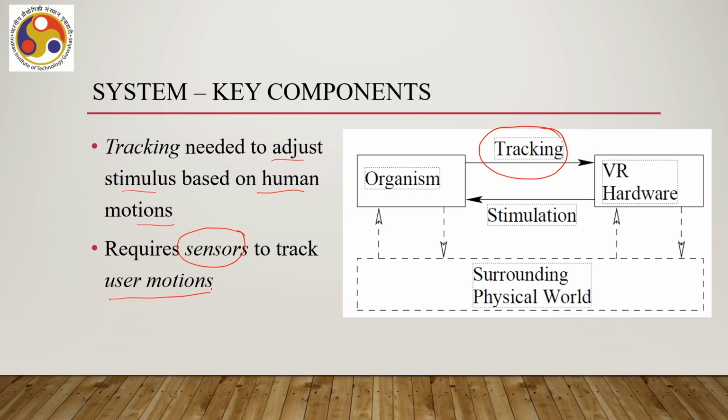So, in summary, there is bidirectional data flow between the hardware part and the organism part of the overall VR system. Trackers or sensors are used to track the organism or user motions, and hardware generates stimuli which is sent to the organism to stimulate the user's senses. That part is indicated here using the labeled arrow where the label is stimulation.